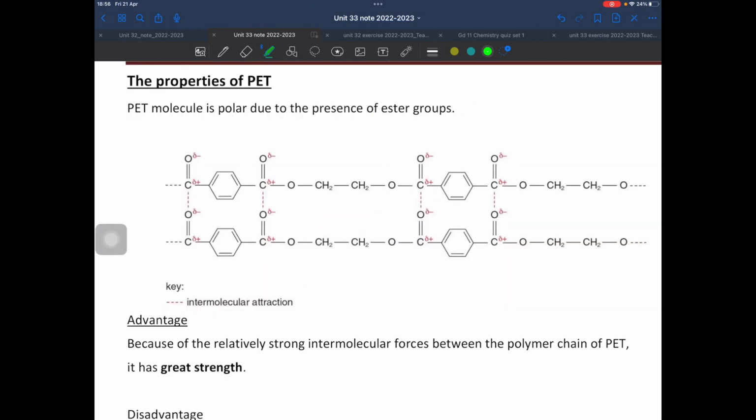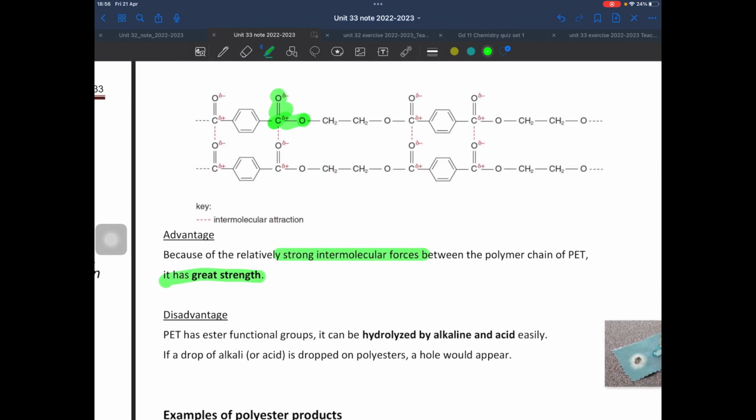As we mentioned before, you need not memorize the structure of PET. But if you are given the structure, it is easy to understand, because there is a highly electronegative element, oxygen, here. So the polymer chain of PET will be polar, and this will increase the intermolecular force and hence increase the strength of the polymer.